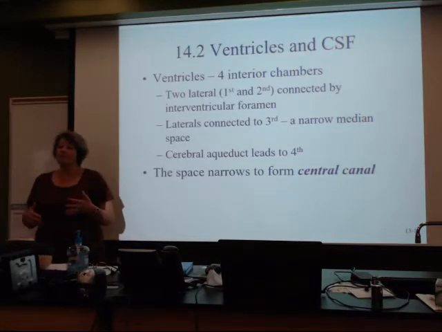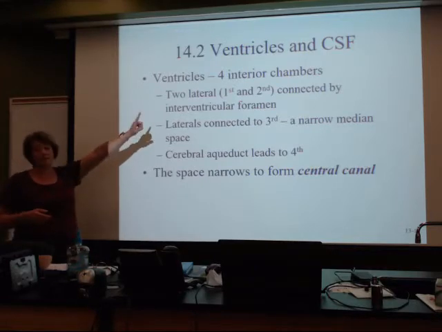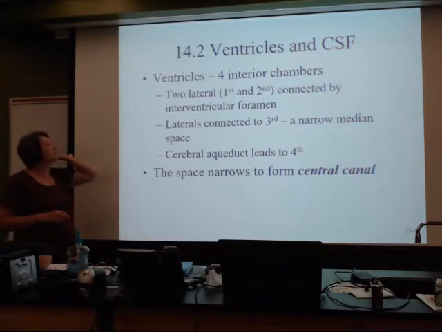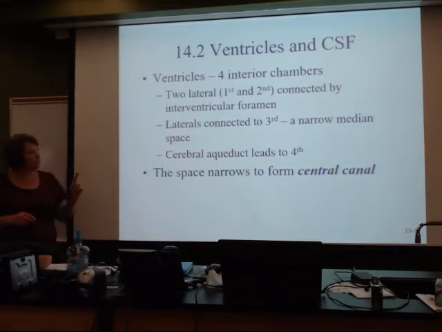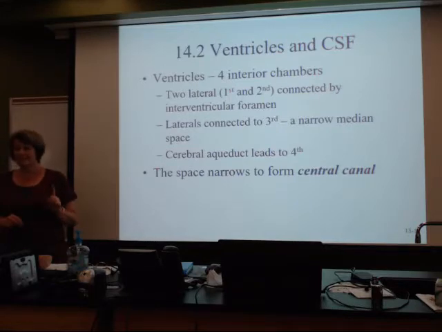The way that we're going to create the cerebrospinal fluid, there are going to be areas in the brain that are ventricles. Those ventricles contain specialized cells that will give rise to the fluid.